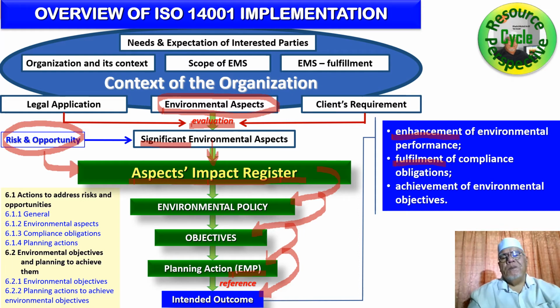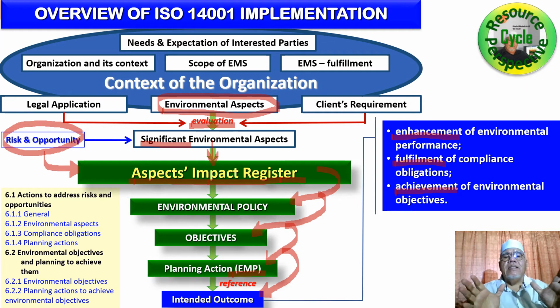All these are compliance obligation, and it's a two-way traffic. We are obliged to them by delivering. They are also obliged to us by delivering what we have agreed upon. Got it? And in the intended outcome, somewhere in the objective target and also environmental management program, we need to ensure that we are committed, and the top management is accountable for the achievement of environmental objectives.